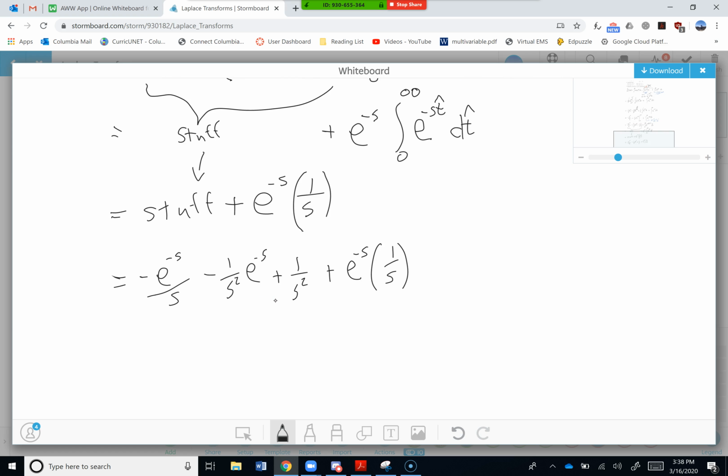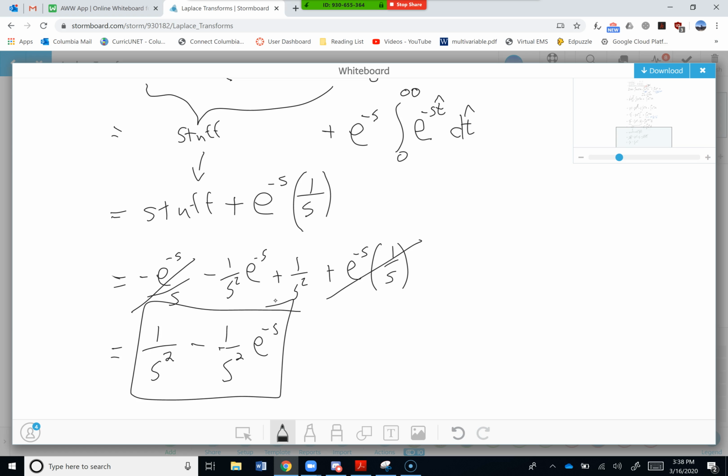And then we might see that this stuff cancels. And so I get 1 over s squared minus 1 over s squared e to the minus s. Questions, concerns, deals?